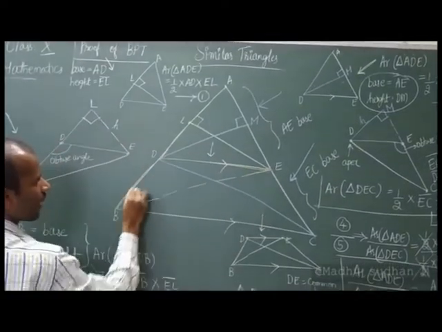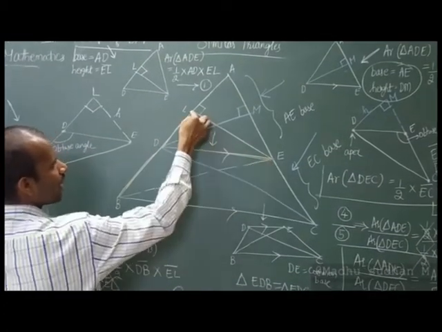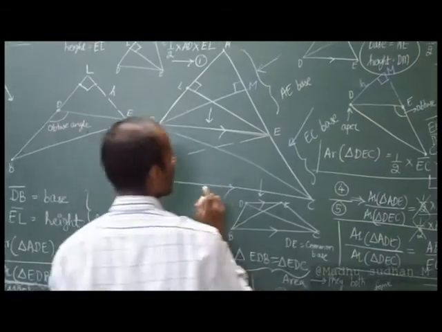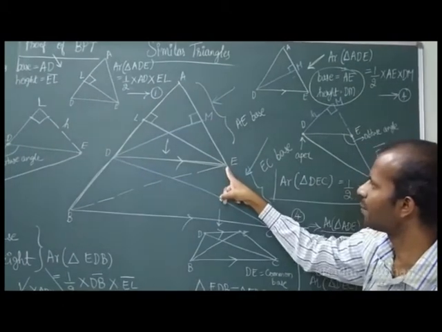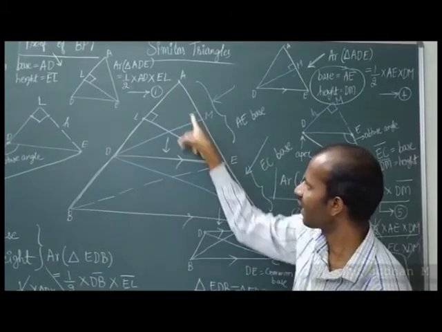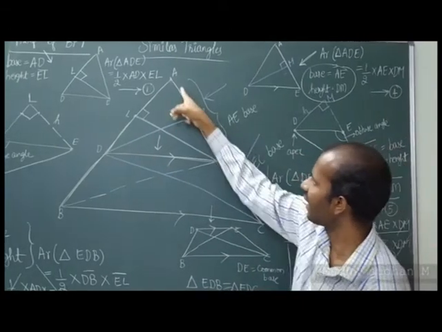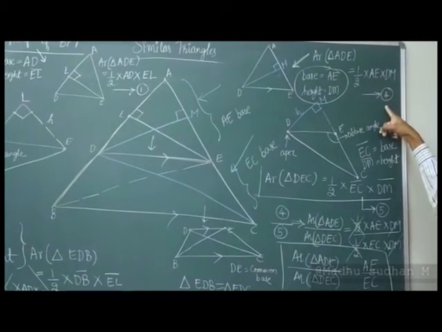With this triangle, BD as a base, EL is the height, that is your equation 2. Then come back to this side now. AE as a base for this triangle AED, DM is the height and AE is the base. That is your equation 4 here.